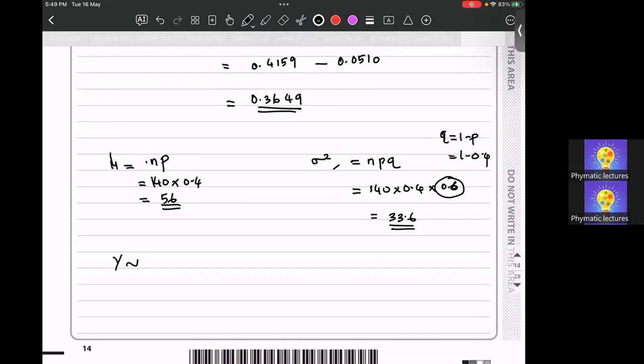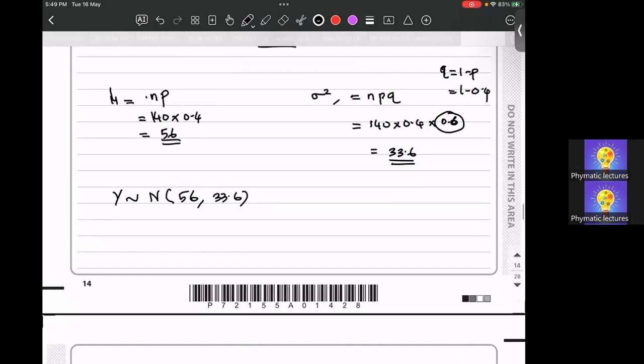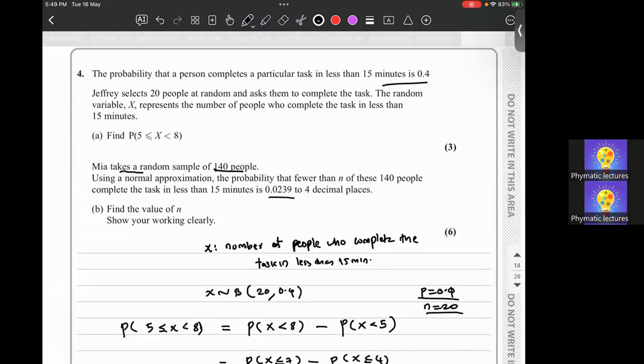So here we have a variable y, because that has completely changed to a normal distribution. So y is normally distributed with mean 56 and variance 33.6. Now, it is given in our question that the probability of y less than n is 0.0239.